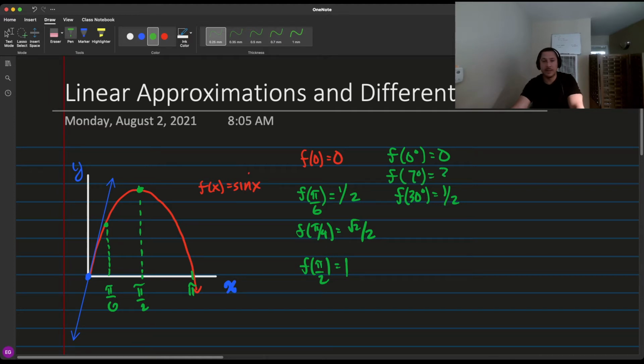Would you know how to calculate that? Without a calculator, by hand. Do you think you could do that? No, good. Yes, you'd be like, I have no idea what to do.